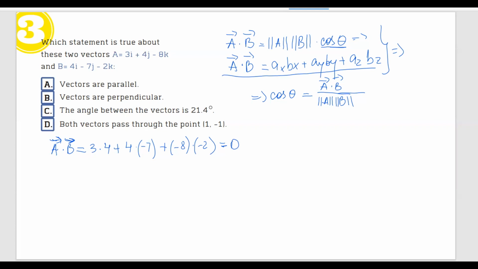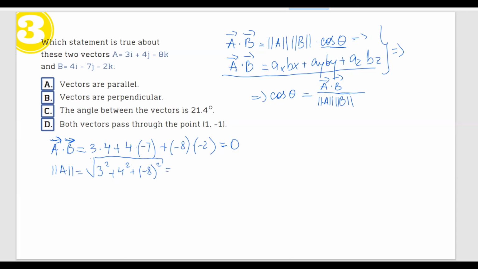I want to do a magnitude calculation. So I'll go ahead now and calculate the magnitude of A. It's going to be equal to the square root of 3 squared plus 4 squared plus minus 8 squared.